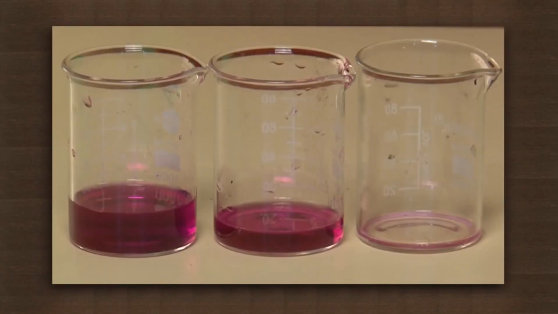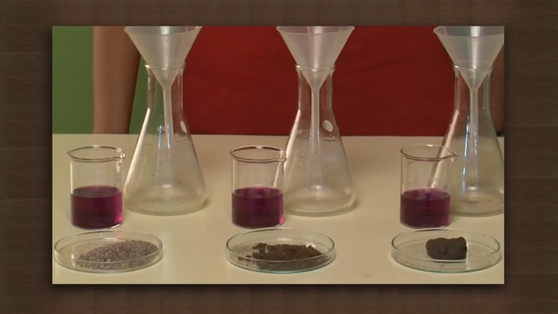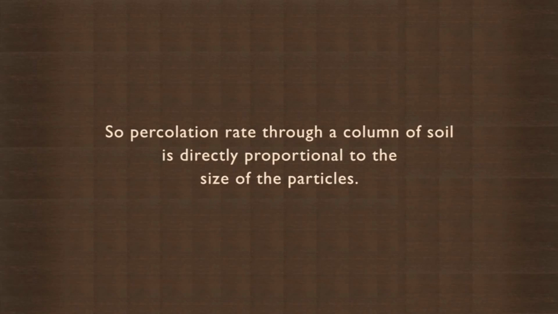You see sand has the highest percolation rate, while clay did not percolate any water. So clay has the highest retention capacity. If we observe the particle sizes of these samples, we see that the particle size of sand is biggest, followed by that of loam, and clay has the smallest size. So percolation rate through a column of soil is directly proportional to the size of the particles.